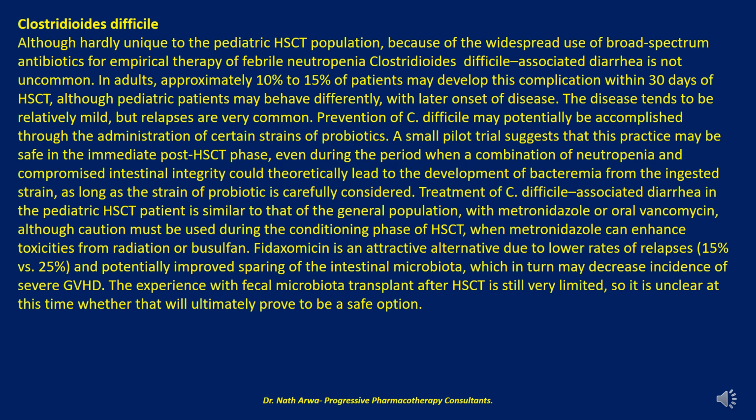In adults, approximately 10% to 15% of patients may develop this complication within 30 days of hematopoietic stem cell transplantation, although pediatric patients may behave differently, with later onset of disease. The disease tends to be relatively mild, but relapses are very common. Prevention of Clostridioides difficile may potentially be accomplished through the administration of certain strains of probiotics.